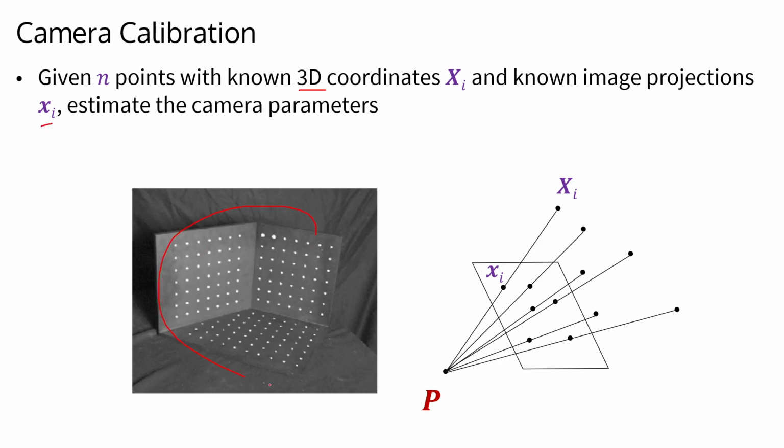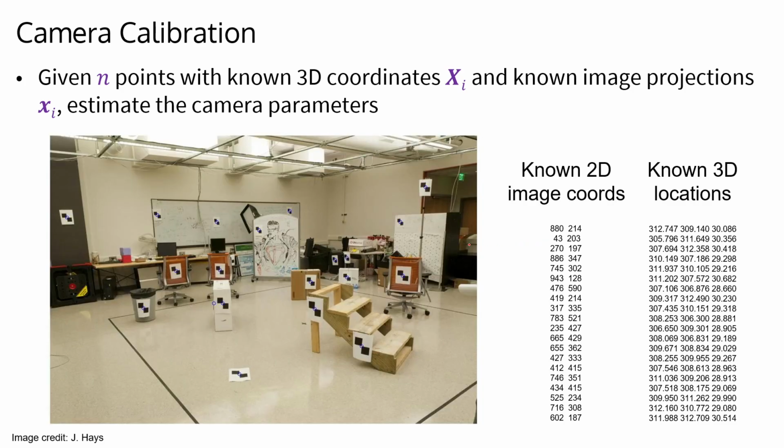You can use a calibration object like that. We know the coordinates of those white dots. You can see the known 2D image coordinates and the known 3D locations, which you have to measure and estimate.